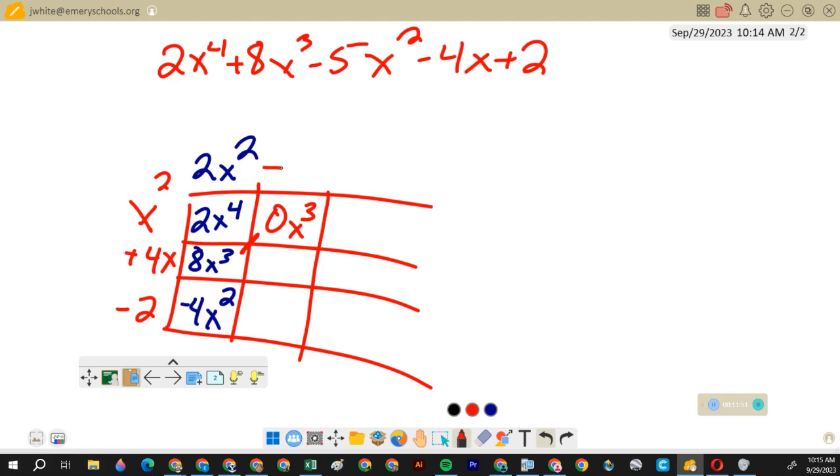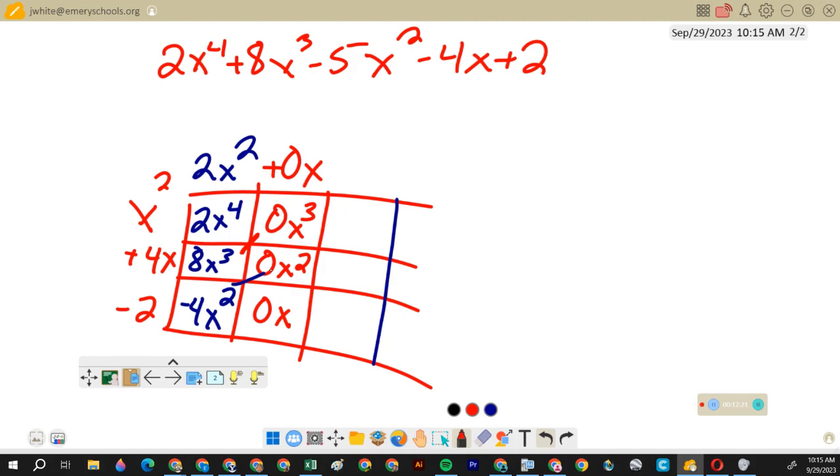But we're going to put it in there because it will help me fill out the rest of the table. 0x times 4x is 0x squared, and 0x times negative 2 is 0x. Does everybody follow? Am I going too fast? No? Okay. Add a column.